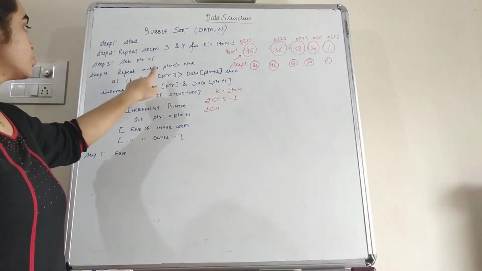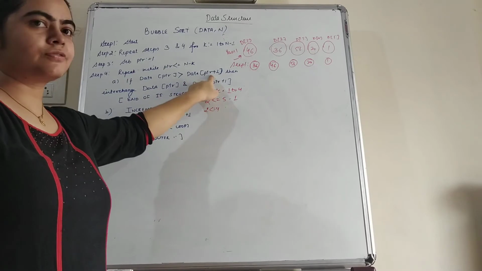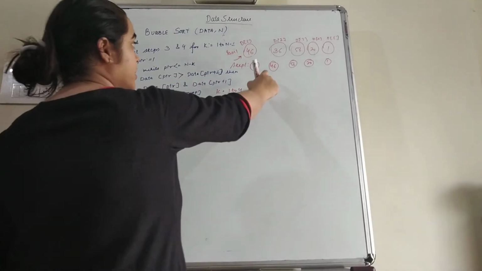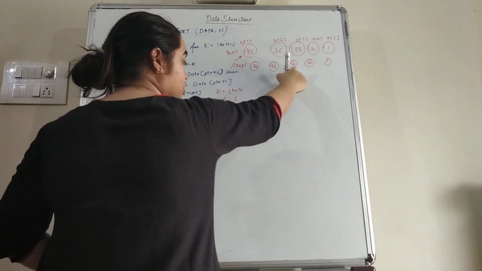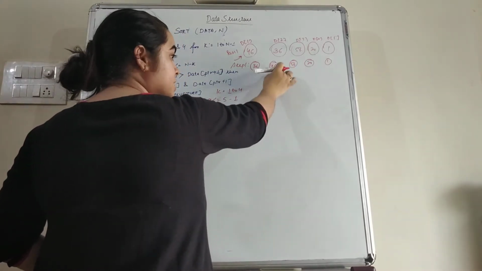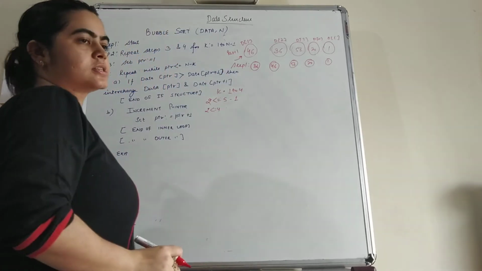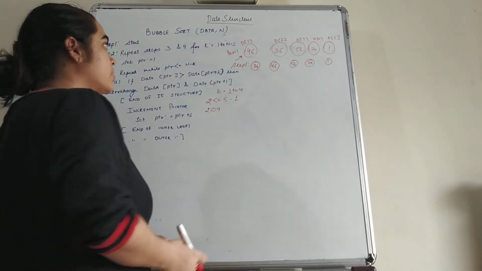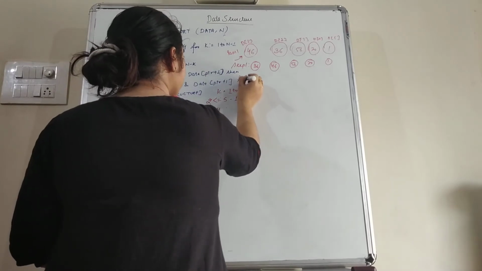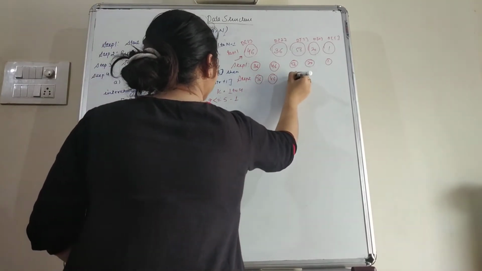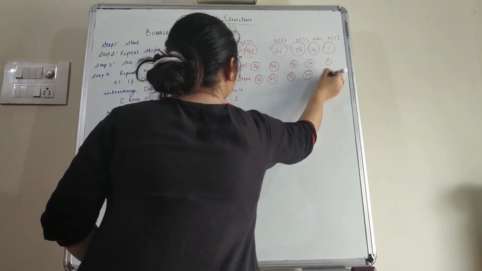Now PTR is 2, so data of 2 is greater than data of 3, yes or no, you have to check. So here data of 2 is now this and data of 3 is this. So data of 2 is greater than data of 3, no, because data of 2 is 46 and that is smaller than data of 3. So we can write this step as it is. So 36, 46, 56, 20 and 1 we can write as it is.